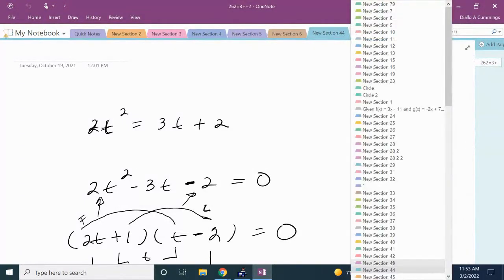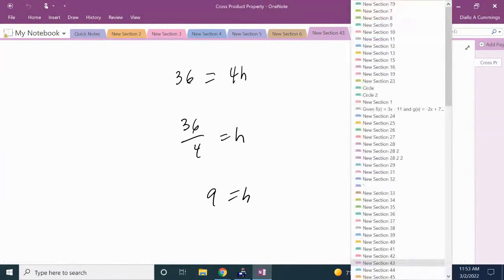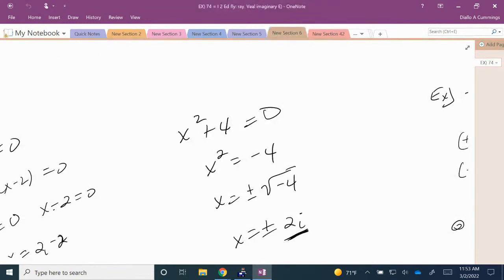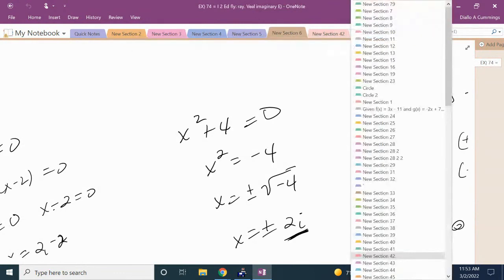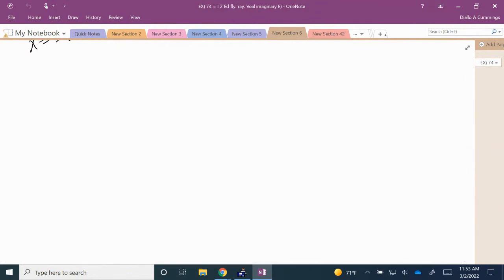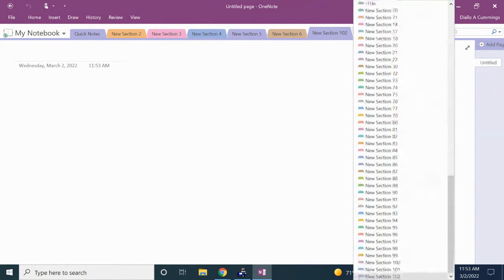And has it disappeared completely? I don't know what happened to the problem we were working on. I'm going to do the next one using the camera.